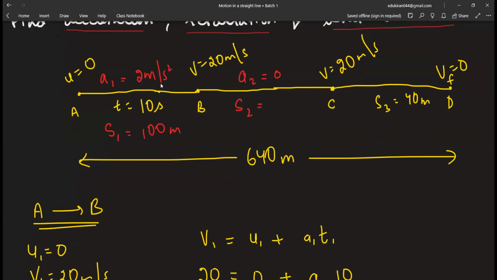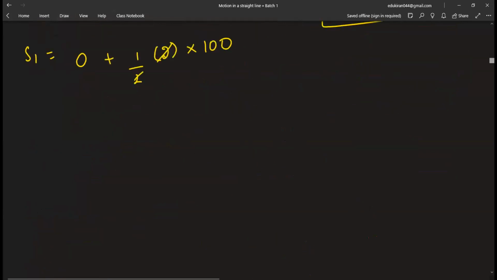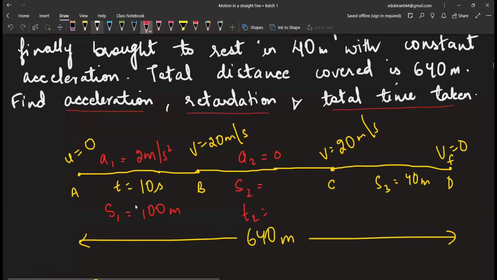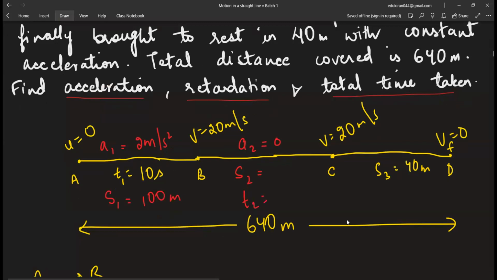Also, time is not given here, T2. Here we had T1, but here it is missing. So S2, what is the answer? If you remove 40 and 100 from 640, how much is left?